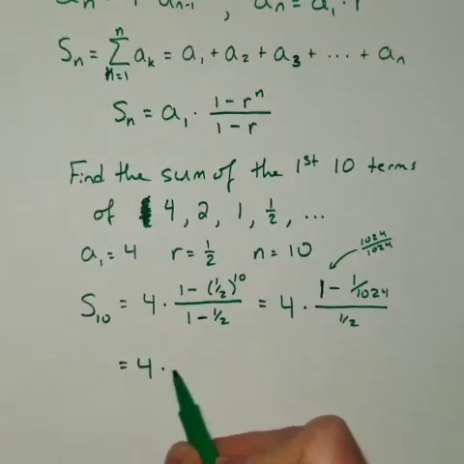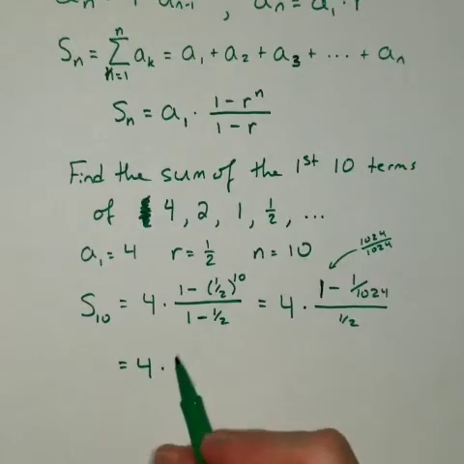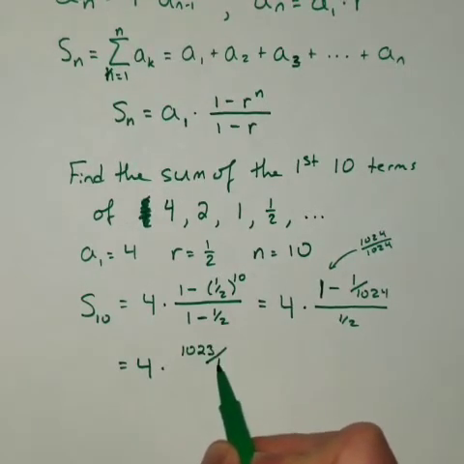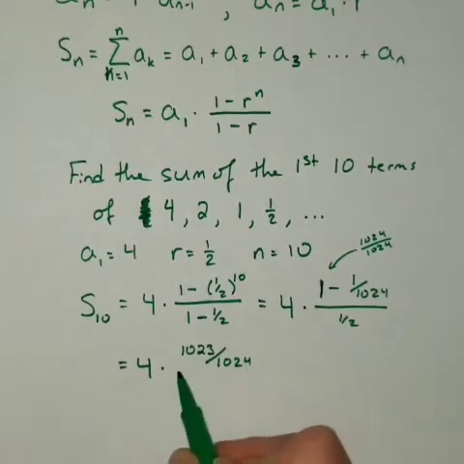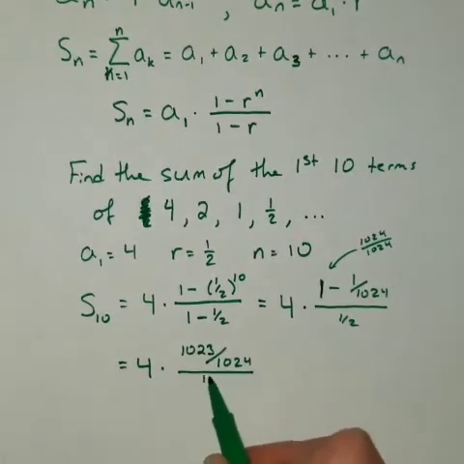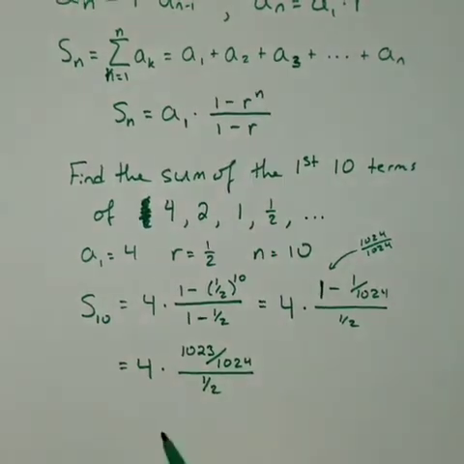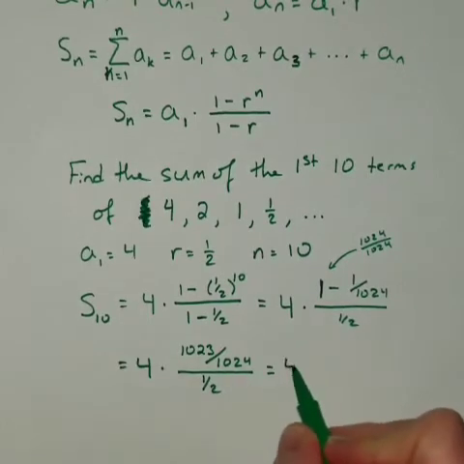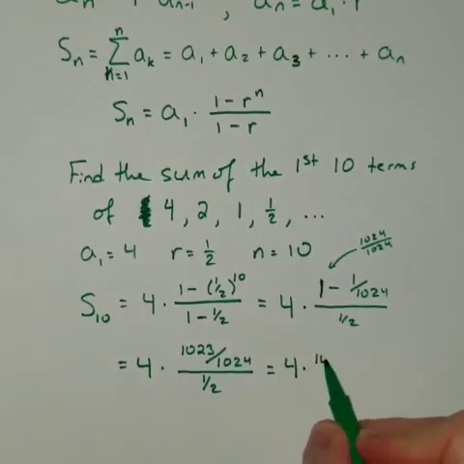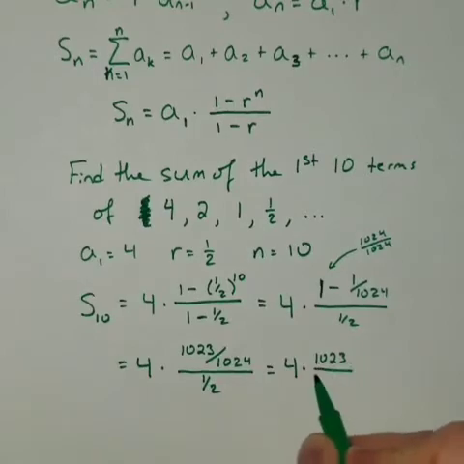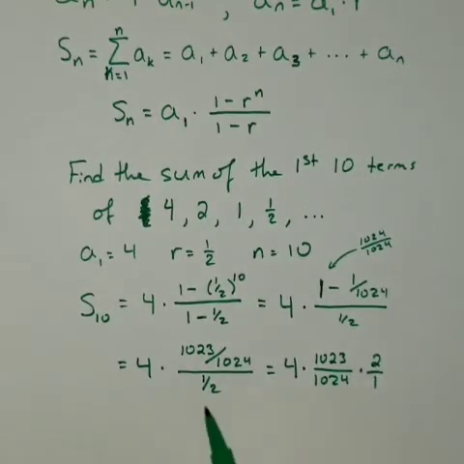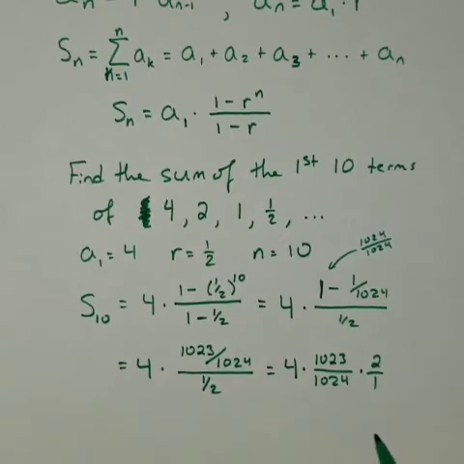It's 4 times 1023 over 1024, all over 1/2. Well, remember, dividing by a fraction, you do a copy dot flip. So 4 times 1023 over 1024 times 2 over 1, right? Divide by 1/2 is the same as multiply by 2 over 1.